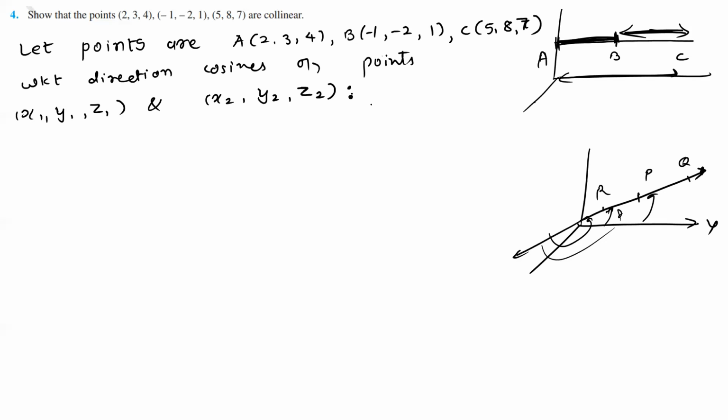How do we find them? They are x2 minus x1, y2 minus y1, and z2 minus z1. These are the direction ratios.